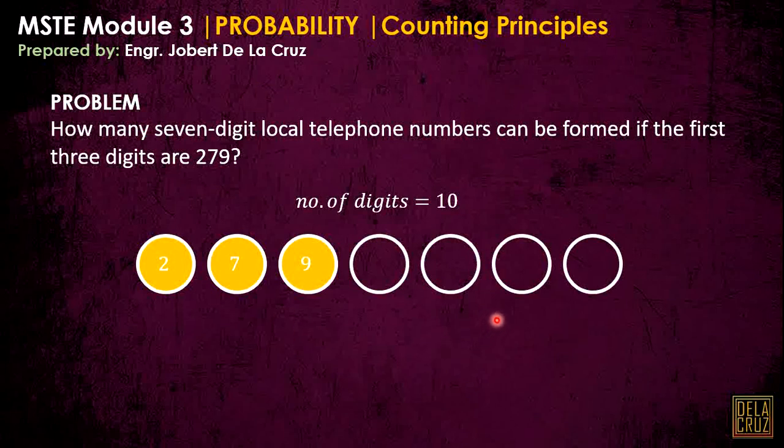Now, in the fourth position, the number of choices is 10. That means the number of possible ways here is 10.